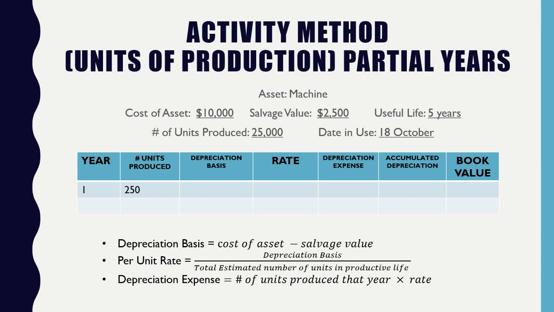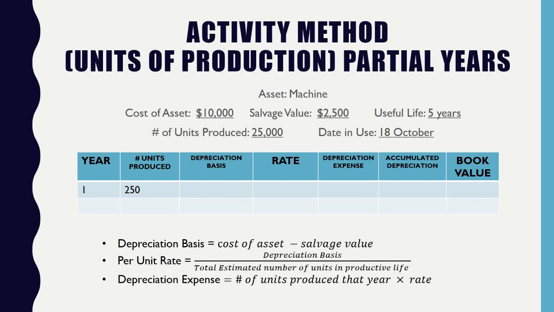My first year, because I'm using calendar year, I'm starting from January to December, and I have to recalculate every year after that. My first year, my fixed asset is only 2 months old, so it only was able to produce me 250 units. So for the depreciation basis, we're going to take my $10,000.